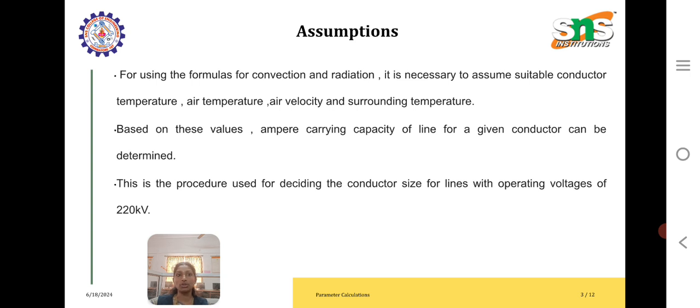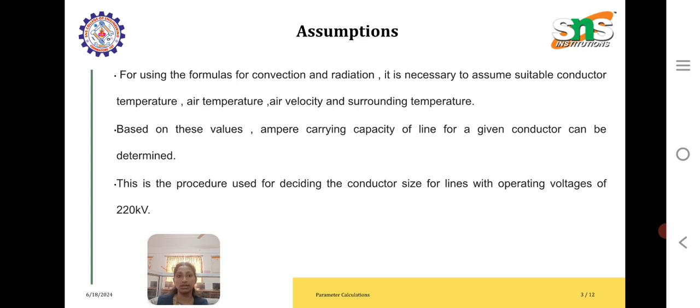So first we have to consider the temperature of the conductor, air temperature and surrounding temperature, along with the velocity of the air which will be falling on the conductor line. This is very important. Based on these values, the current carrying capacity of the line can be determined.